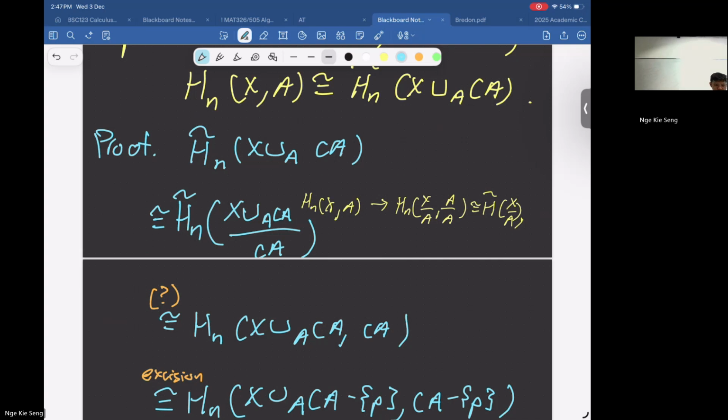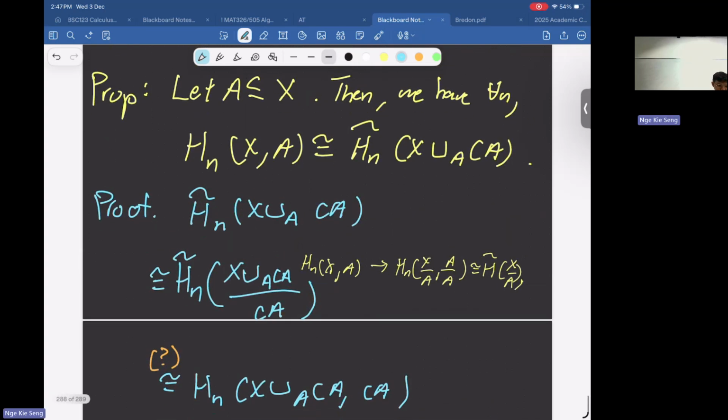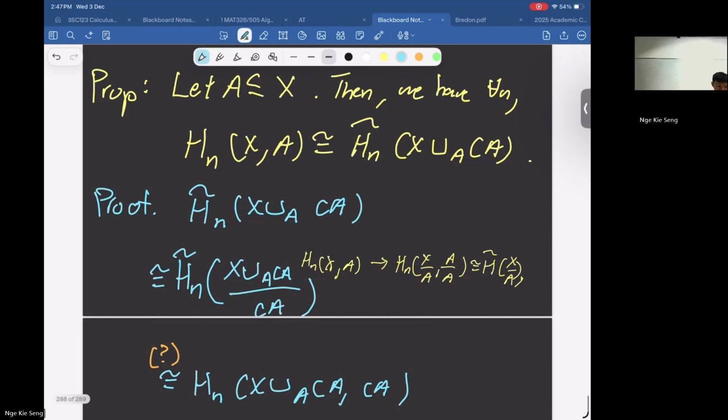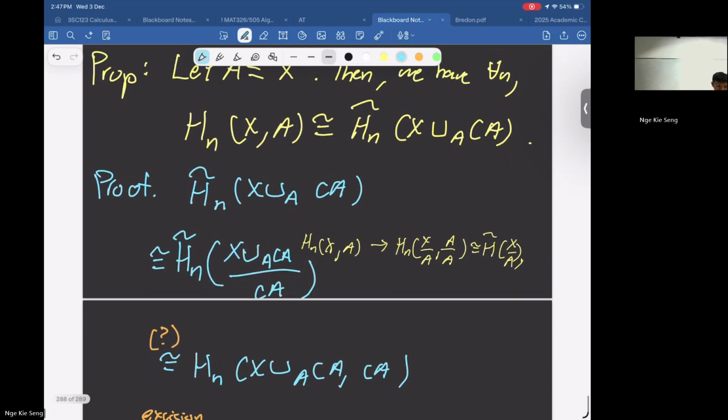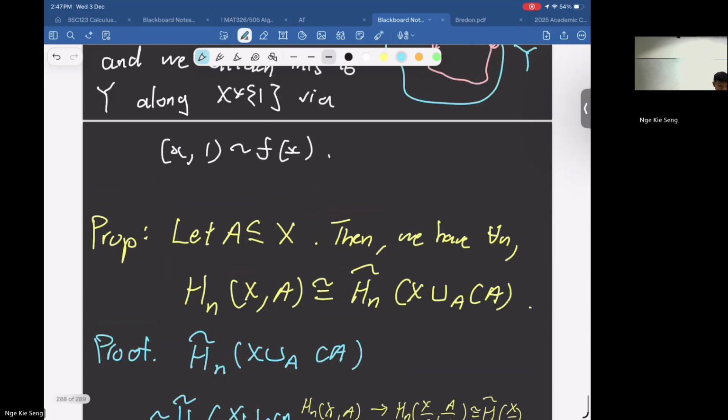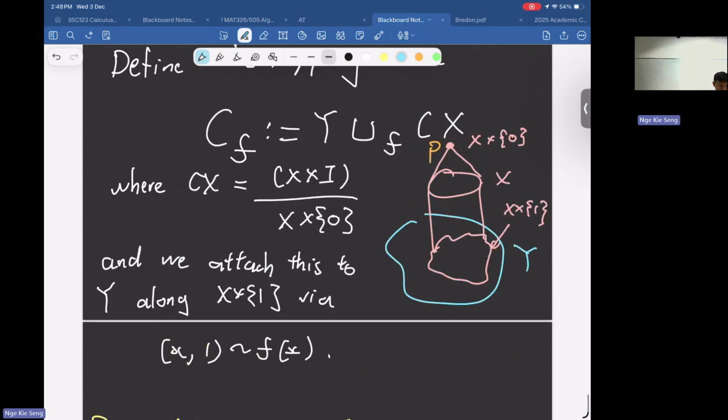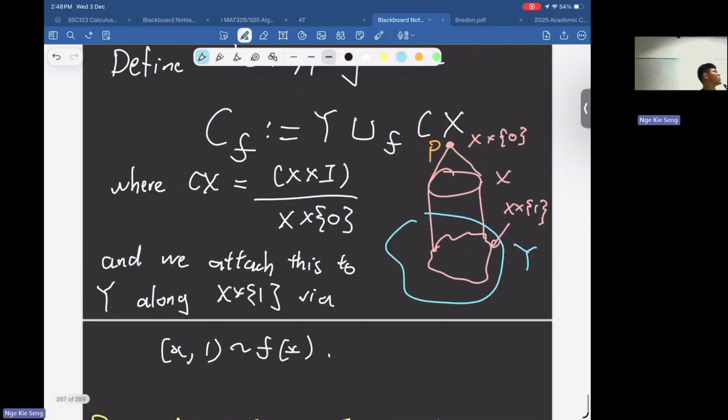I didn't copy anything wrong. Is this statement correct? The cone of a space is always contractible, right?